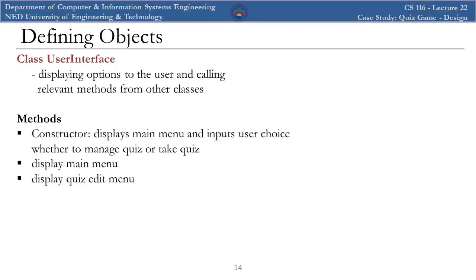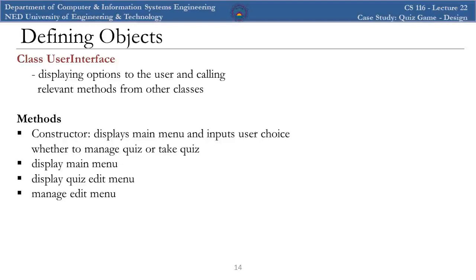Okay, now if the user wants to take the quiz, that is a fixed procedure. My system will select some questions and it will start displaying those questions, and that's it. But if the user wants to edit the question bank, then again I need to display certain choices, whether he or she wants to see the question list, add questions or remove questions or whatsoever.